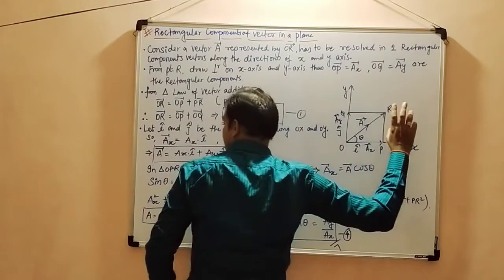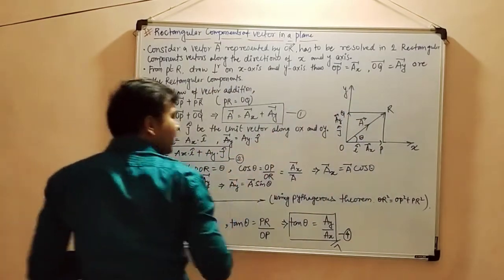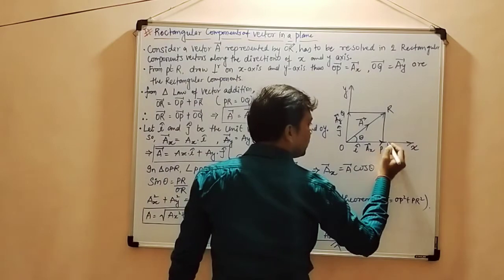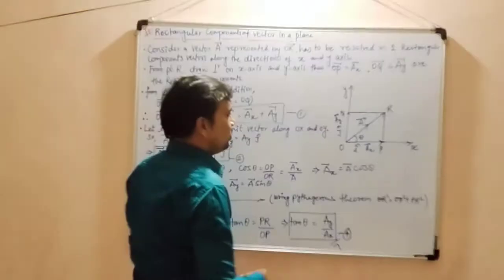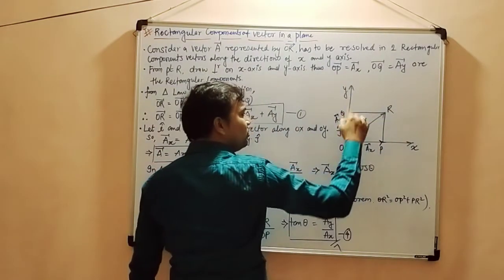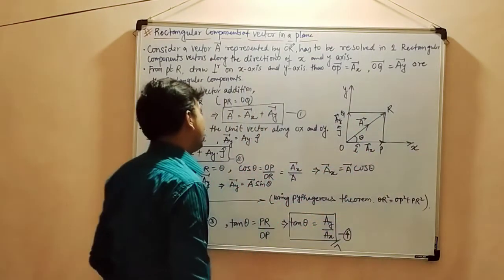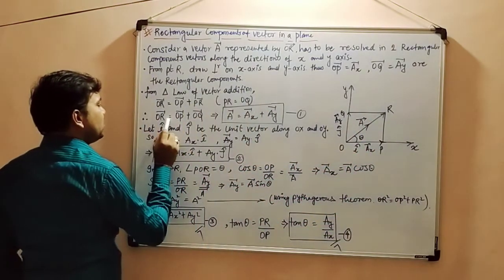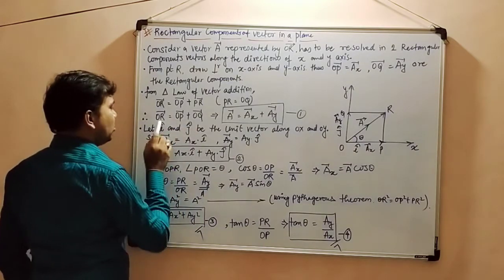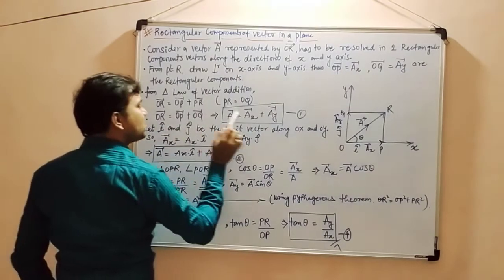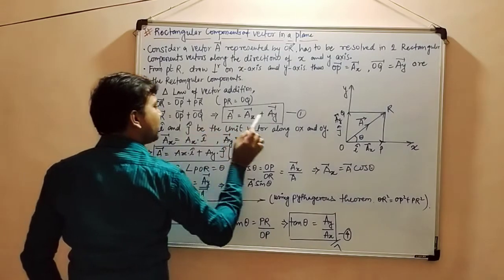OQ and PR are the same, so PR equals OQ. The value of OQ is AY, so the value of PR will also be vector AY. So OR equals OP plus OQ, where OR is vector A, OP is vector AX, and OQ is vector AY.